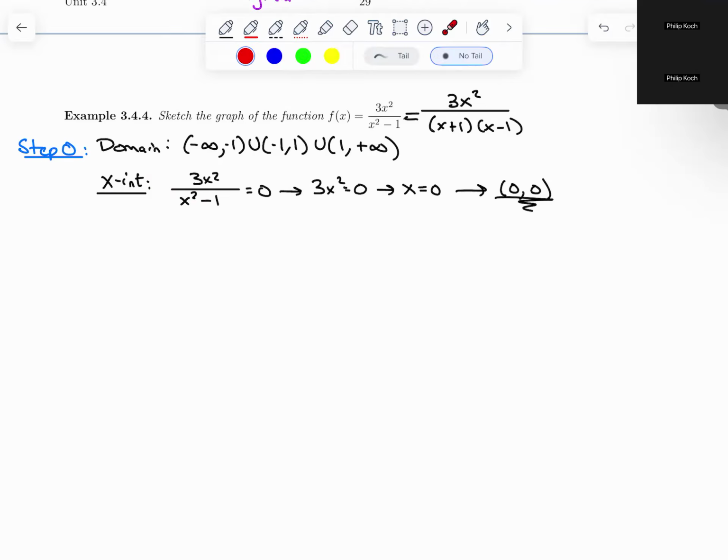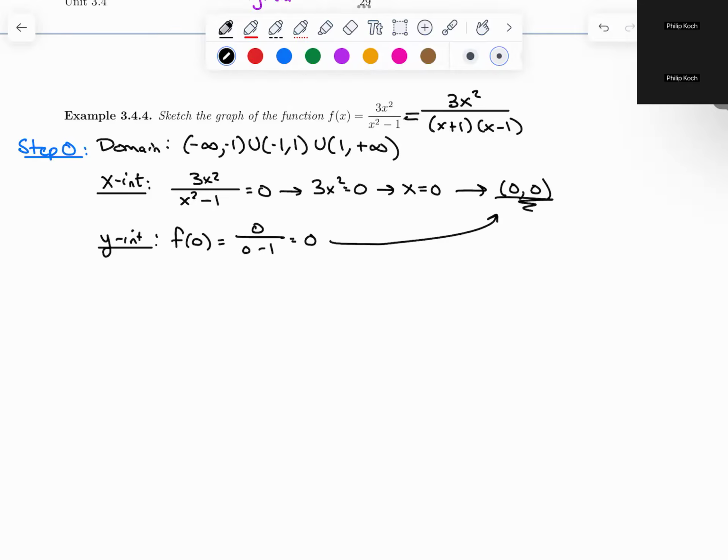Okay. Now we've already found the y-intercept technically because it's 0, 0, but let's just do it for good measure. The y-intercept would be f of 0, which is 0 over 0 minus 1, which is 0, which gives us the same value.